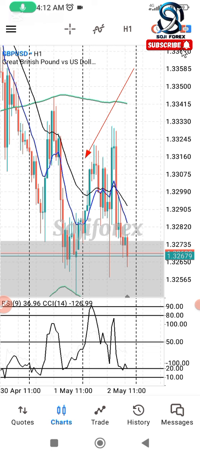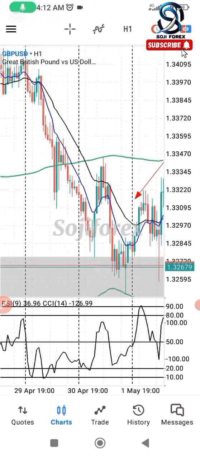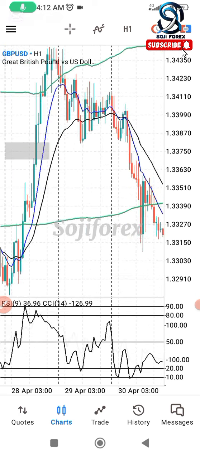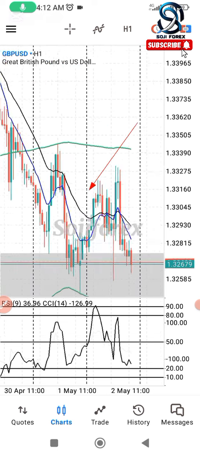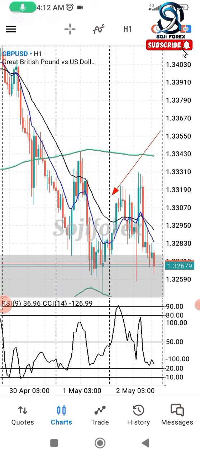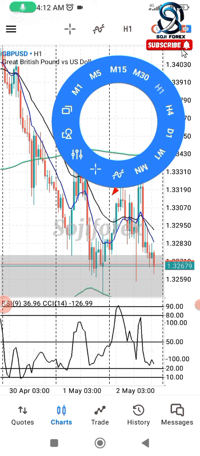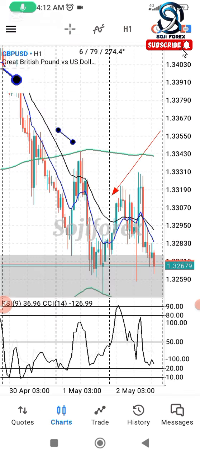Remember, it has been established always that the trend is your friend. So the first thing we'll be doing is to determine what is the trend of the market. And looking at this, obviously, you will agree with me that this price is in a downtrend.